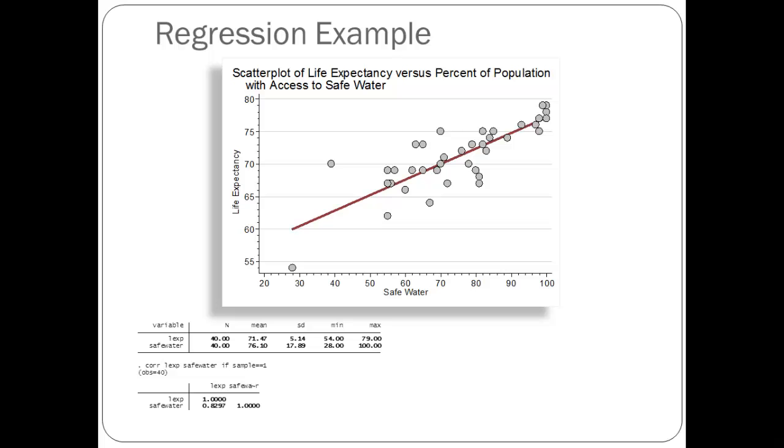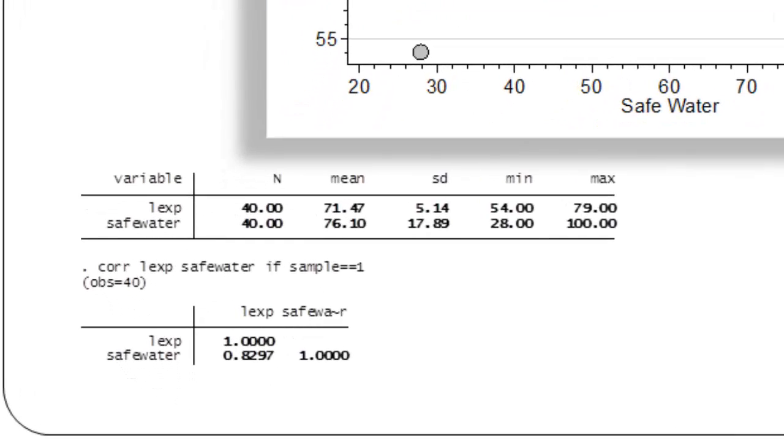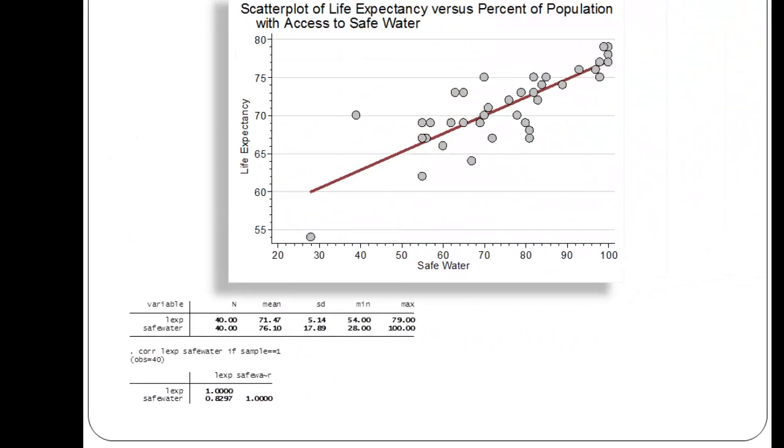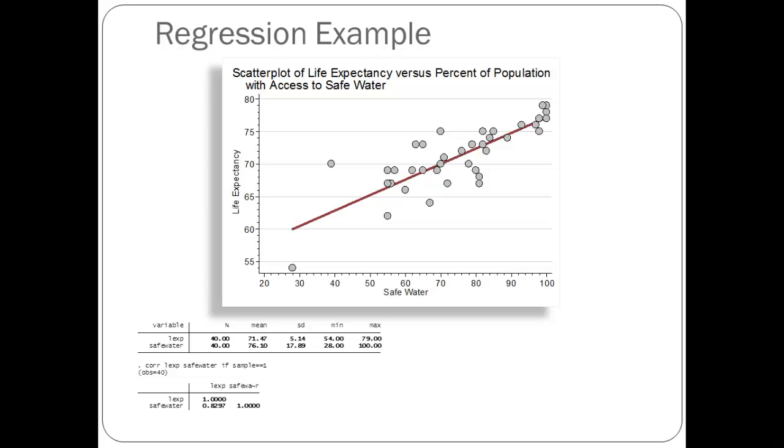We have some descriptive statistics down here, and I provide not only the means and the standard deviations, but also the correlation coefficient. We see the correlation between these two measures is about 0.83. So this confirms the visual graphic, showing us that this is a very strong relationship, and that as access to potable water increases, we're seeing longer average life expectancy, which is really not too surprising.